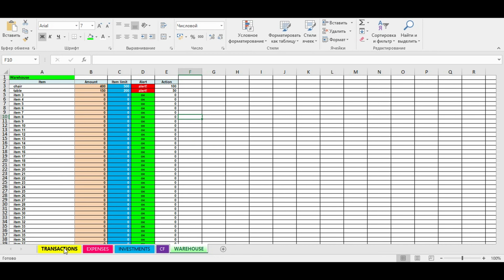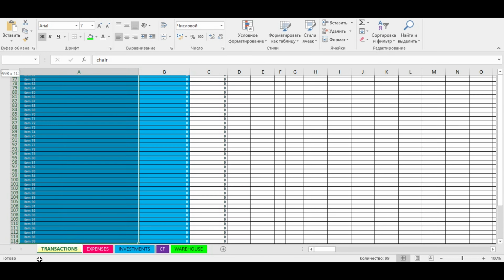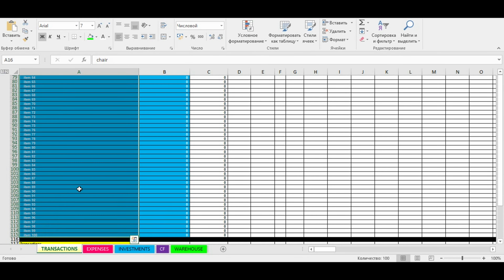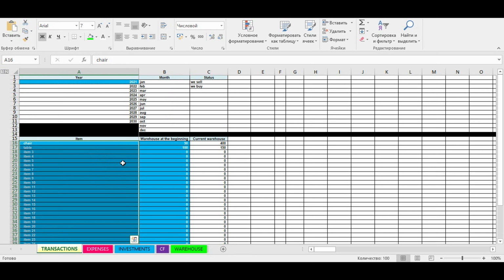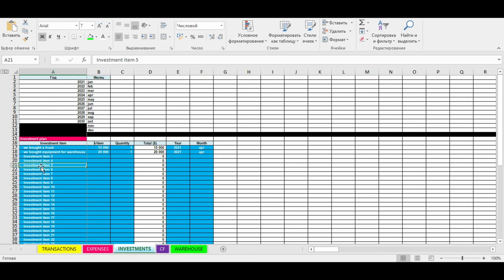So now I've shown you all the financial model. Here you can add up to 100 items of your warehouse. You can add up to 10,000 transactions. Also you can add investments.